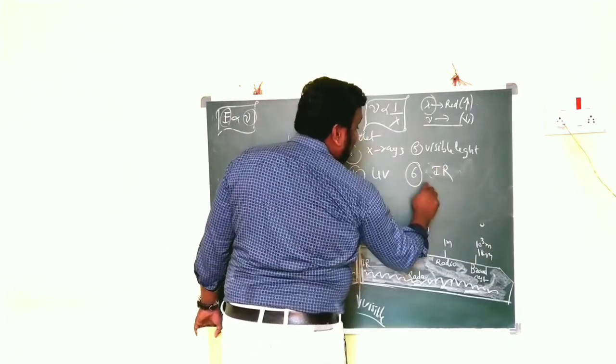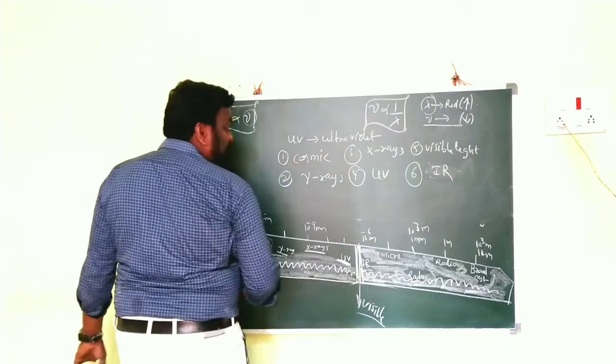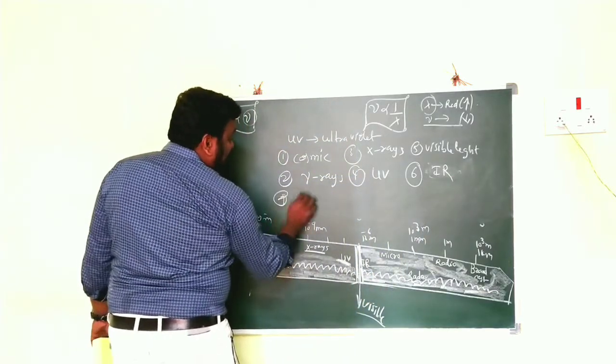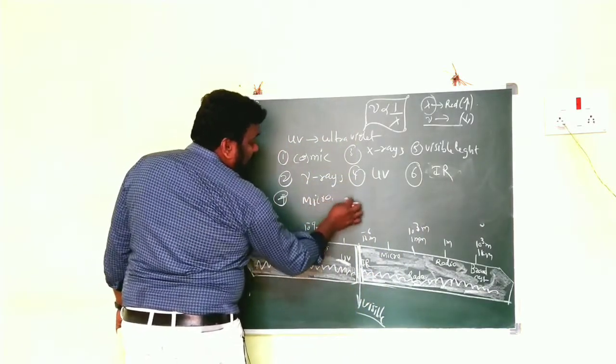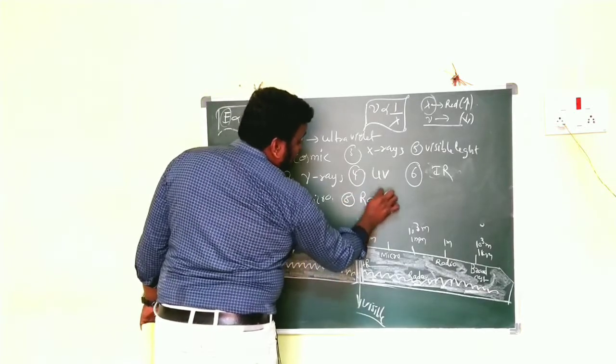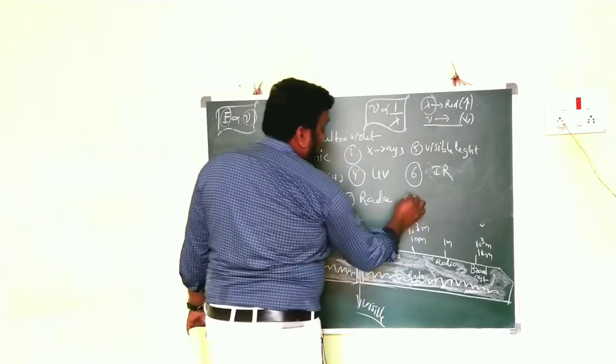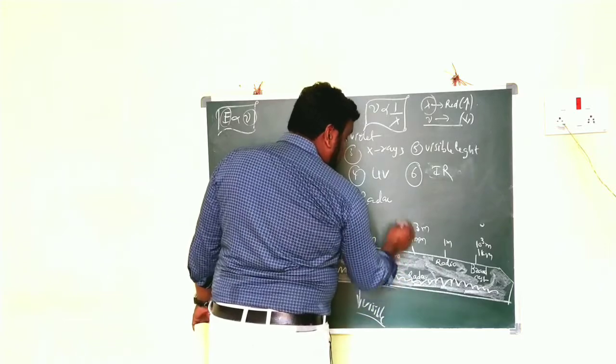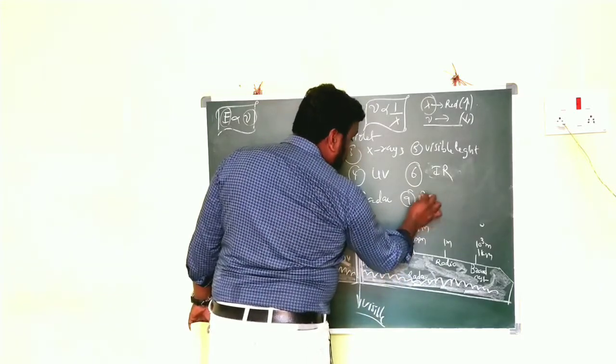IR means infrared. The seventh one is micro, the eighth one is radar waves, and the ninth one is radio.